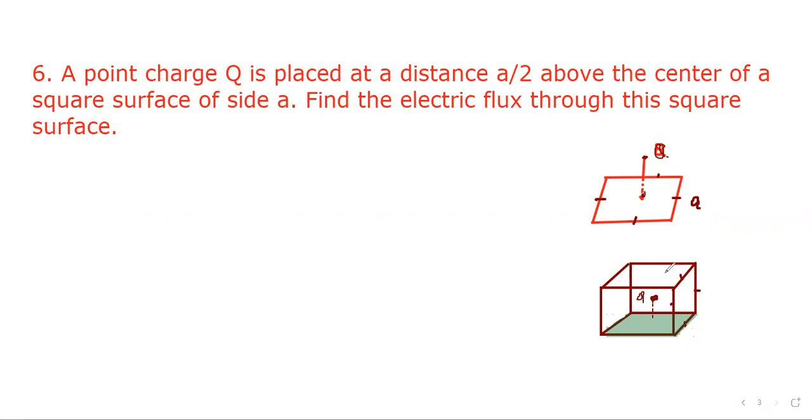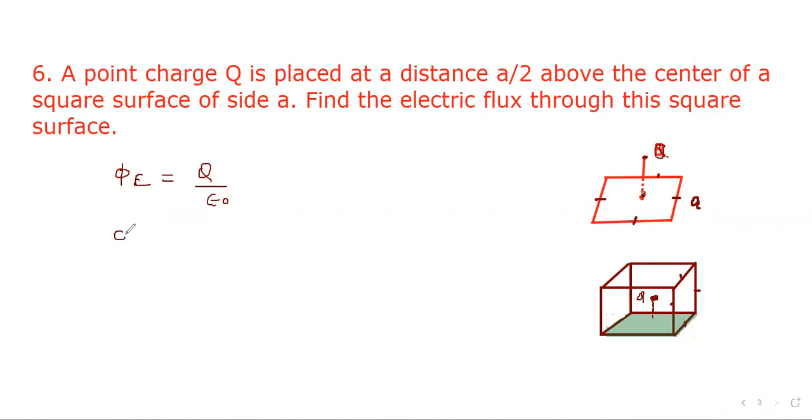And we know that total flux for charge enclosed inside any closed body will be phi E equal to Q upon epsilon naught. Here in our question, only one face is to be considered.